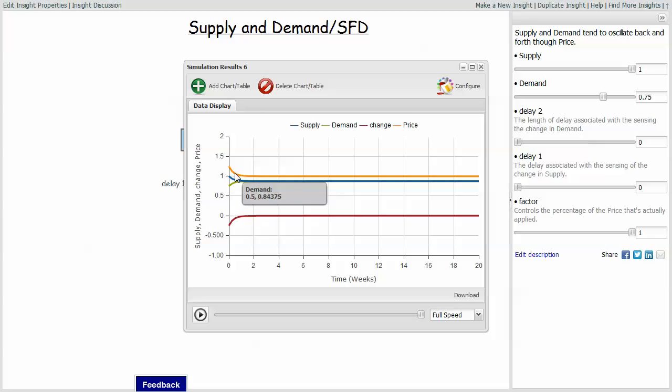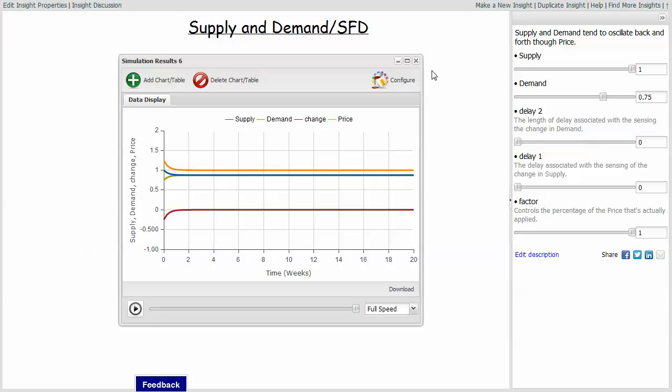But as the price is dropping, the supply is also dropping, trying to come into balance, and at the same time, the demand is increasing. So you can see that the change started out at some value but quickly restabilized, so that there is no difference between supply and demand. They've restabilized at a new value.